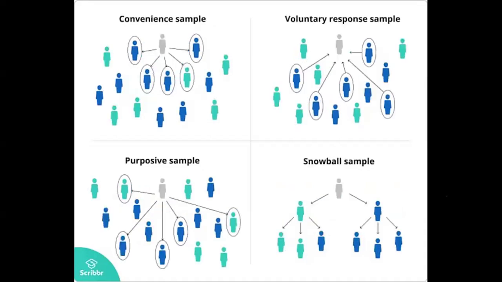Next is the non-probability one. Non-probability sampling can also be seen with the help of pictures. Convenience sampling, as the name implies, is where you keep the researcher's convenience at the forefront, and based on that convenience, whoever people are available.